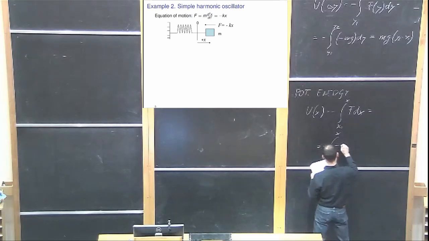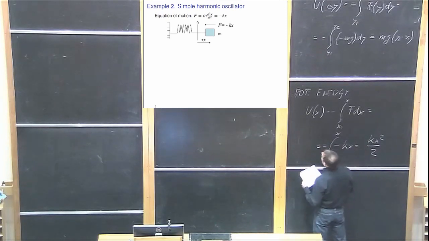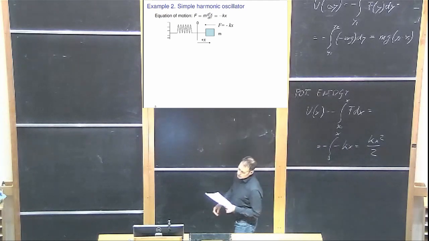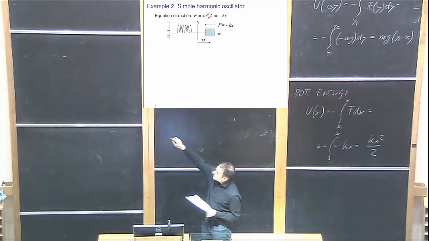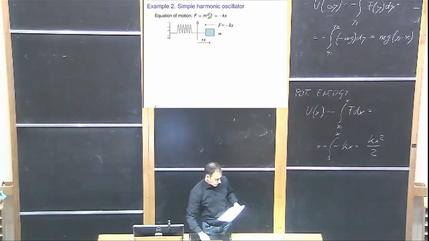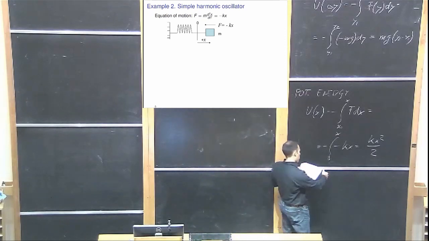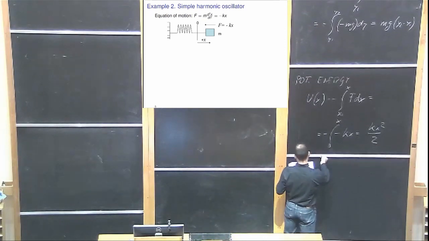Don't forget the minus: minus the integral of minus kx equals kx squared over 2. So we've basically defined the 0 position such that this is where the mass oscillates about the center of oscillation. So we could have used any, but we used that one.